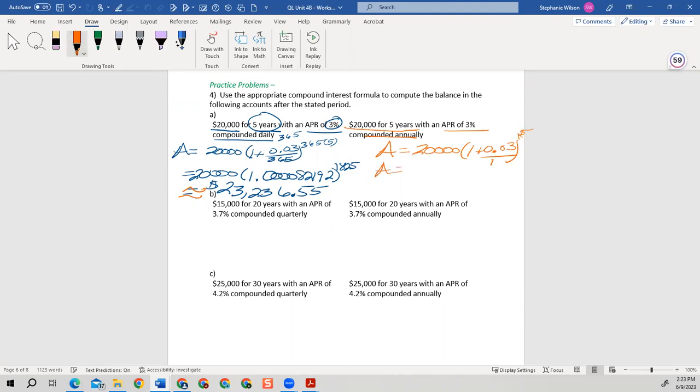So now I get A is equal to 20,000 times 1.03 raised to 5. Let's double check my math. So now I get $23,185.48.